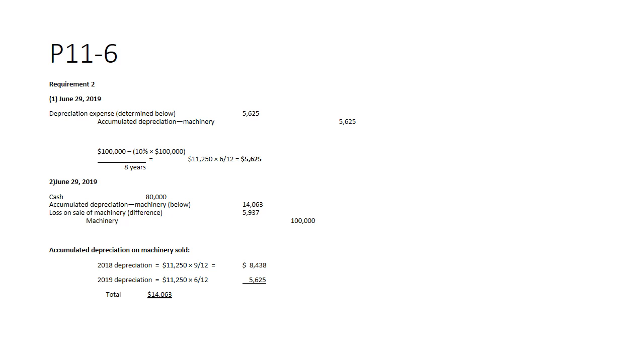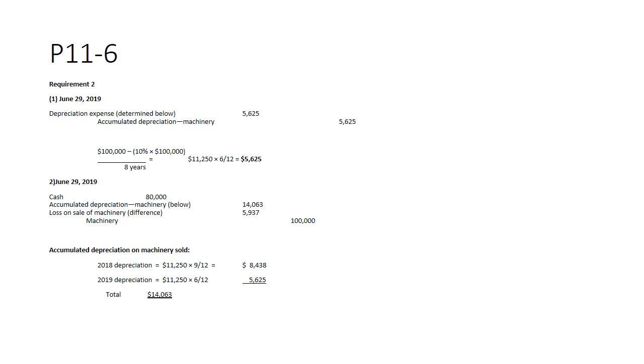Well, last year we only recorded 9/12. So 9/12 of the $11,250 was the depreciation related to this machinery, or $8,438, recorded last year, currently sitting in an accumulated depreciation account. We calculated the depreciation just related to this machine for this year. So those two added together will give us our accumulated depreciation.